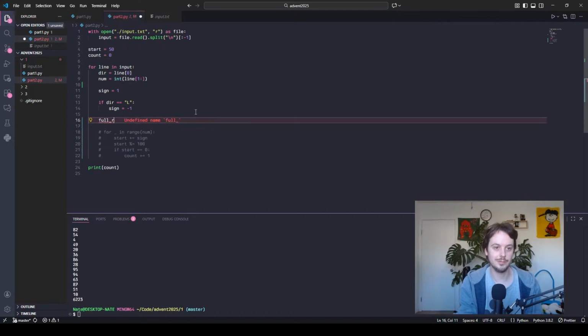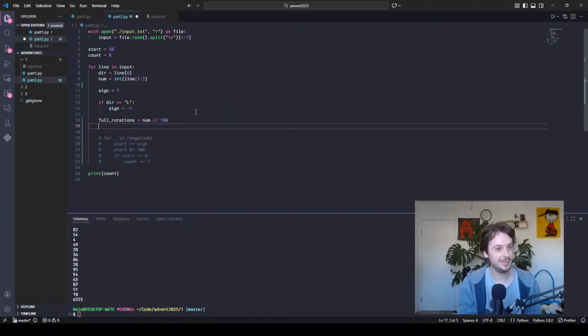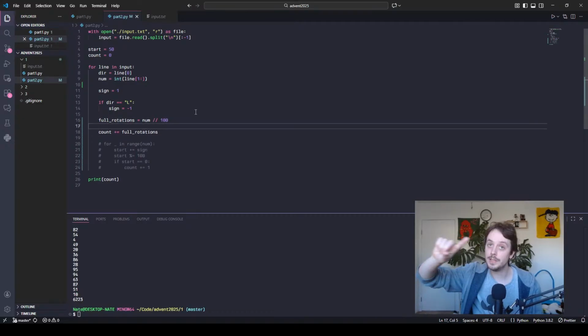So I'd say full rotations is number integer divided by 100, because that means we've gone completely around from where we started.